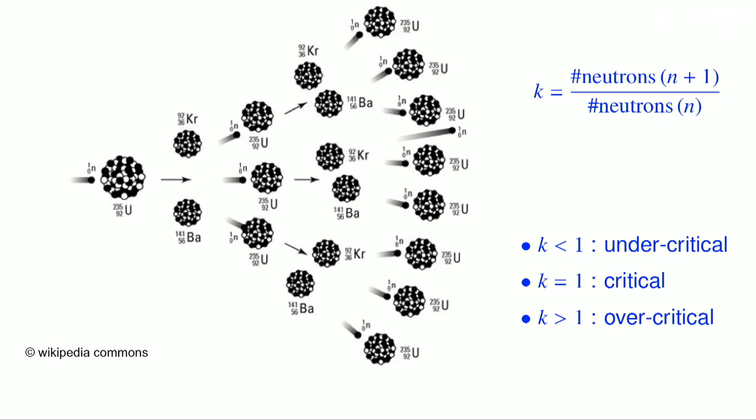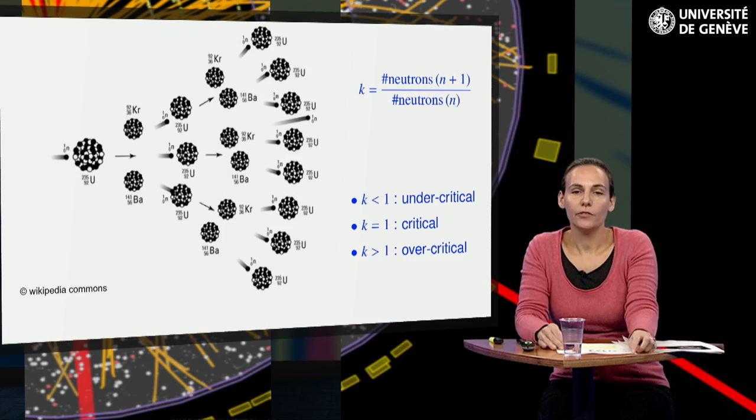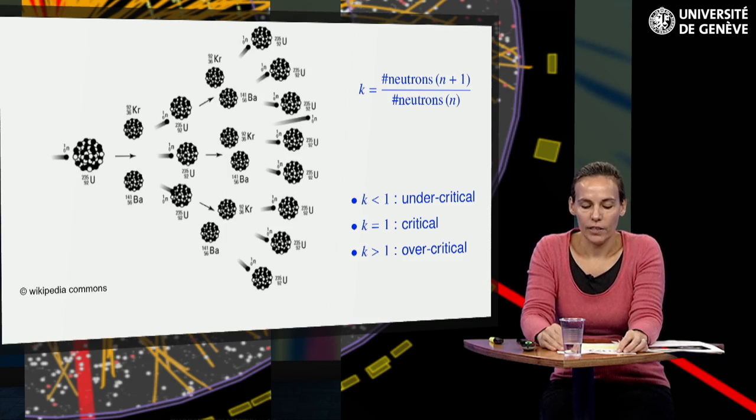Uranium-235 produces on average 2.5 neutrons per fission. These neutrons can in turn induce new fission reactions and so forth. To see if a chain reaction can be maintained, we consider the ratio K of the number of neutrons produced in step n plus 1 to the number produced in step n of the chain.